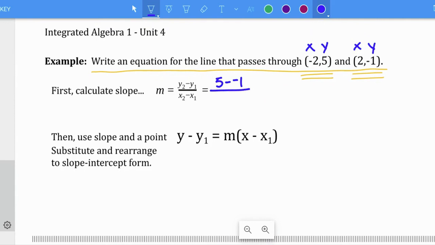And I'm going to subtract my x values on the bottom. So -2 minus 2. In this case, that should result in 6 divided by -4, simplifying to -3/2. Pause the video and check that. Make sure you're comfortable finding slope.